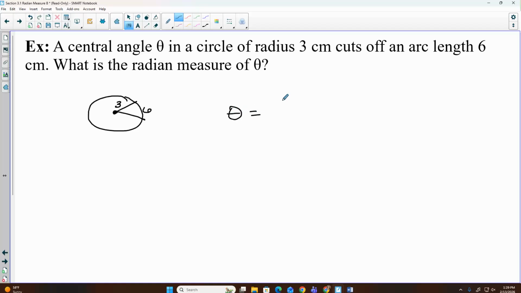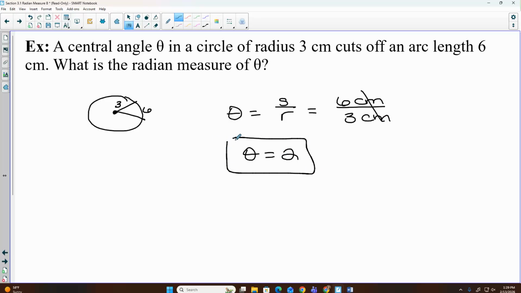So we just said you just have to take your arc divided by your radius. Our arc length is 6 centimeters. Our radius is 3 centimeters. So 6 divided by 3 is 2. What happens to that centimeters? It cancels, and there's no unit left. That's a radian. A radian is a real number.